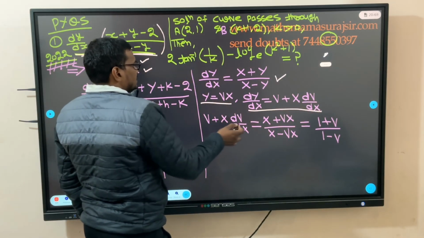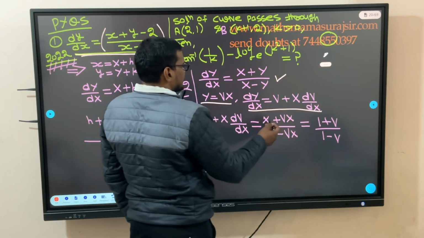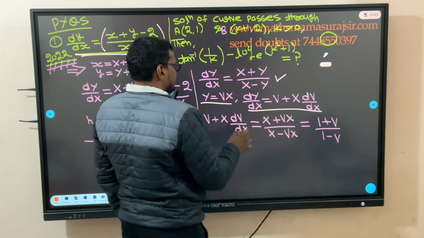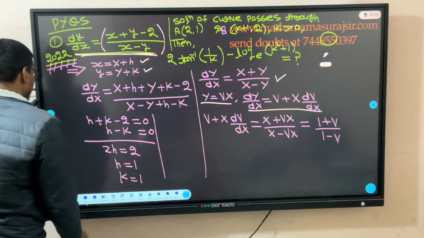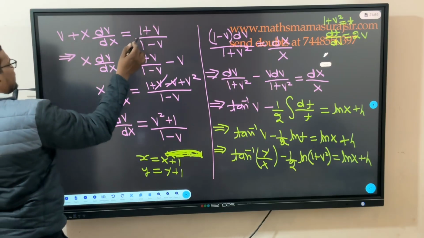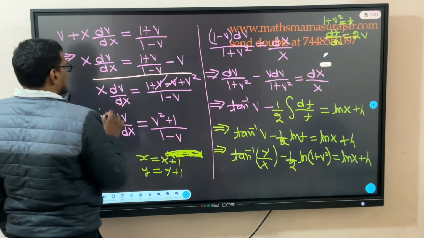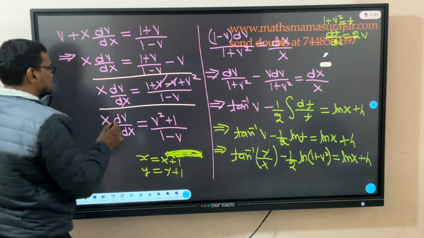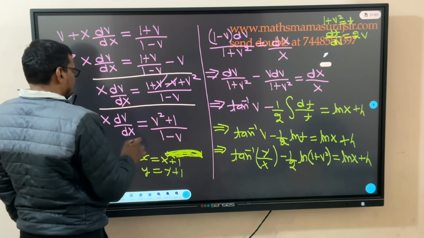So v plus x dv by dx is (x plus vx) upon (x minus vx), x cancels, so v plus x dv by dx is (1 plus v) by (1 minus v). Bringing v to the other side, v gets cancelled, and finally x dv by dx is (1 plus v square) by (1 minus v).